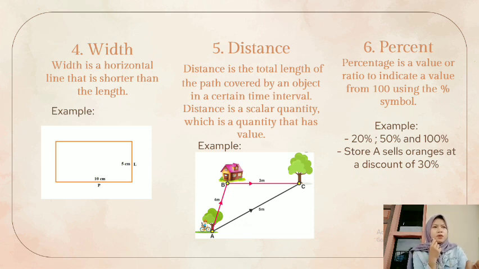And sixth, percent. Percent is a value or ratio to indicate a value from 100 using the percent symbol. Examples, 20%, 50%, and 100%. A store sells oranges at a discount of 30%.